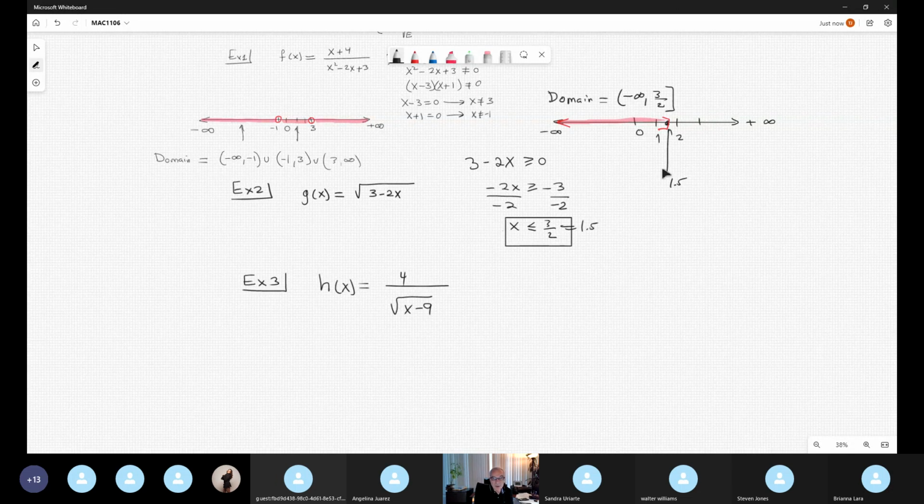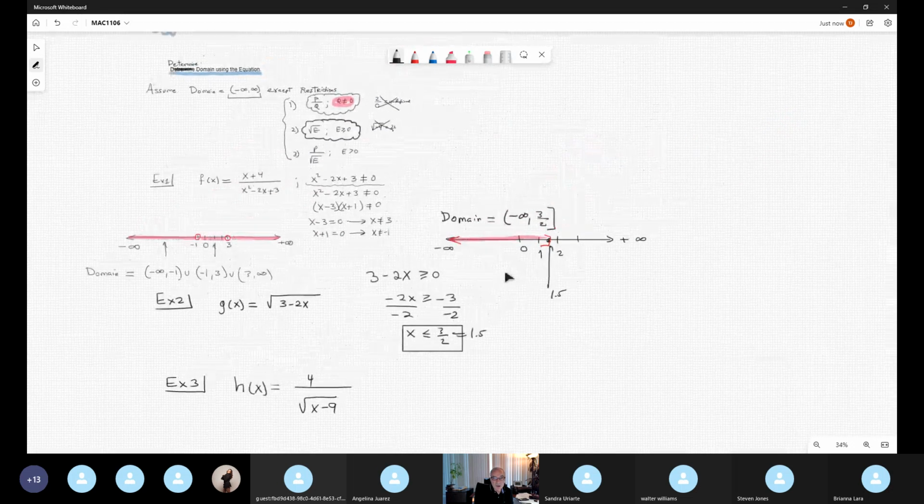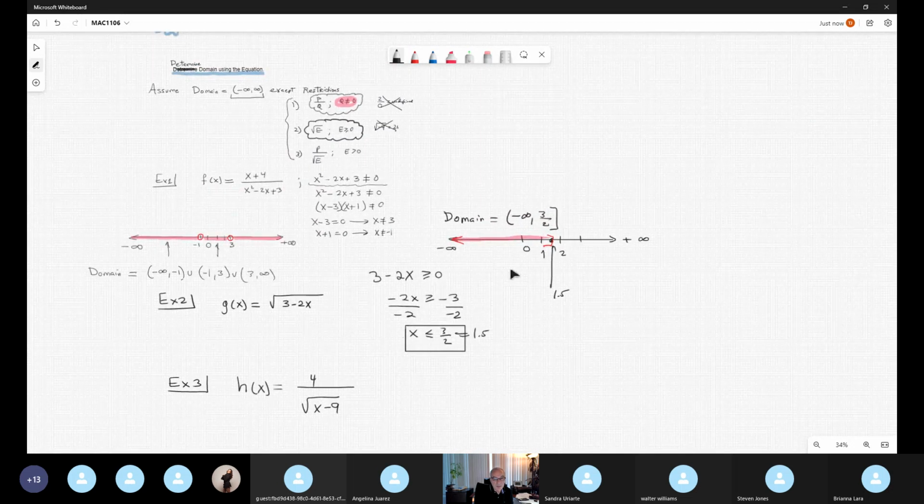So what do you consider is the restriction that you apply in this example? 1, 2, or 3? 3. Remember, you have 3 scenarios. We have 3 possibilities. Expression in the denominator, no 0. Expression inside the square root, non-negative. And expression in the denominator and square root.